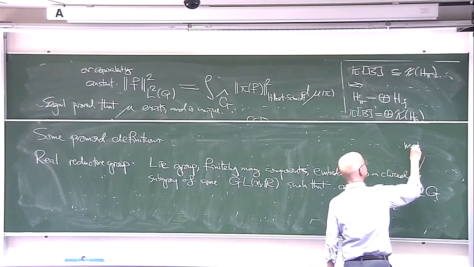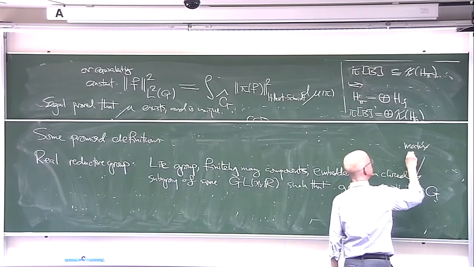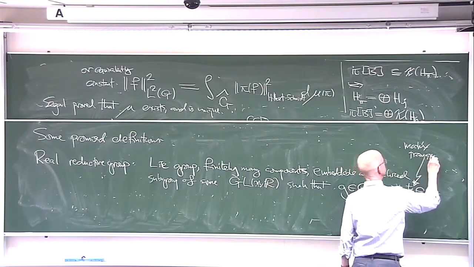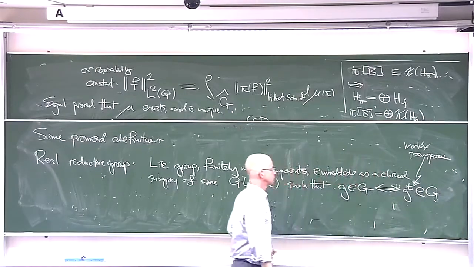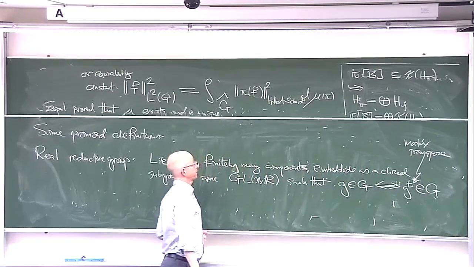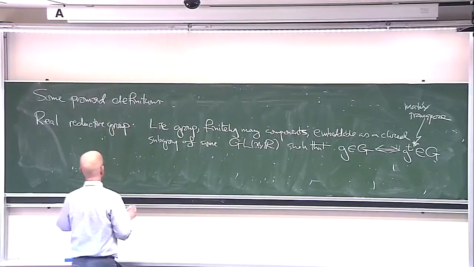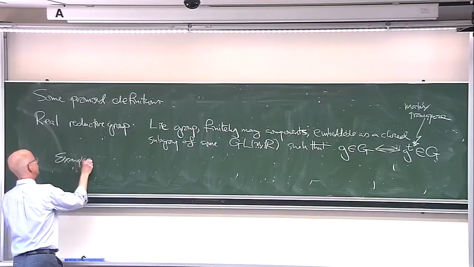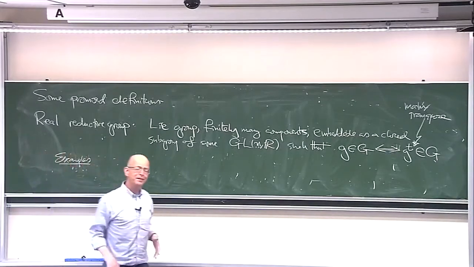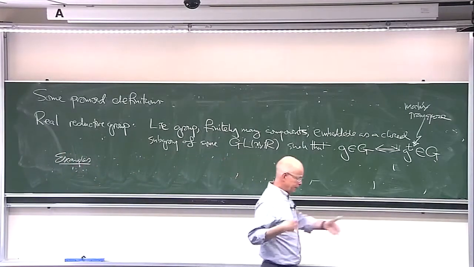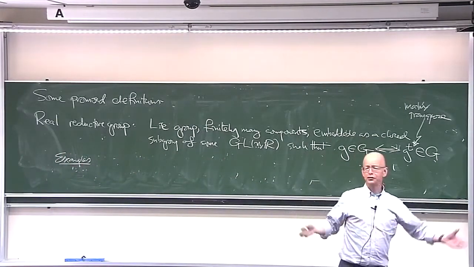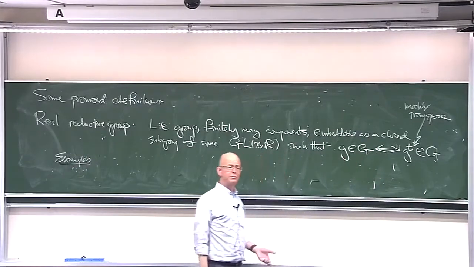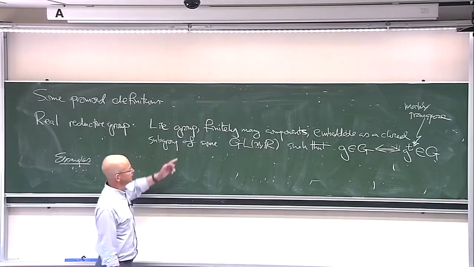This is the matrix transpose operation. Okay, so it's easy to build examples. It's not that easy. These groups don't come in continuous families. There's just a discrete collection of them. In fact, you can classify all of them, at least their connected components.